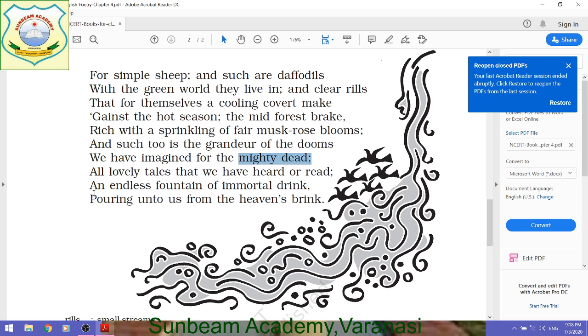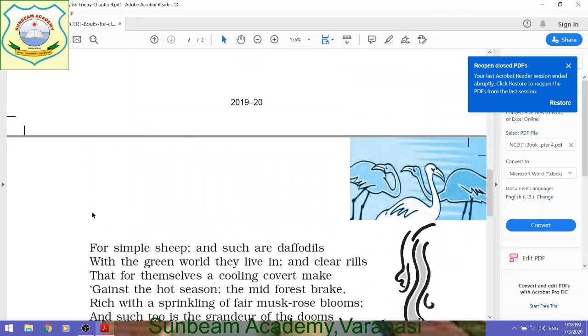They have been compared with the immortal drink in heaven. So these five lines are important for the extract from this poem. This poem itself is very important from the board examinations point of view.